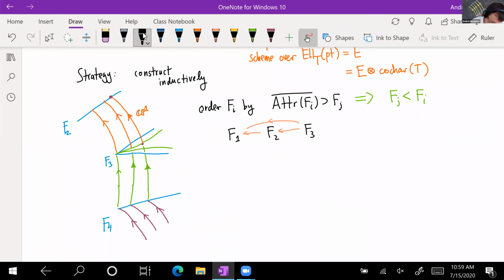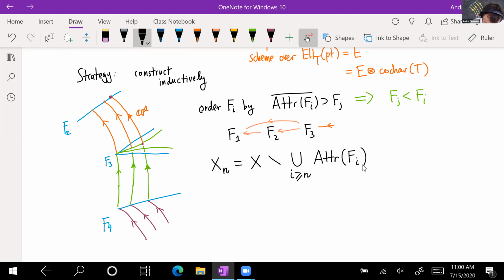And then we define Xn as X from which we take out all the attracting manifolds. So we take the union over i greater than or equal to n of the attracting manifolds of each Fi.